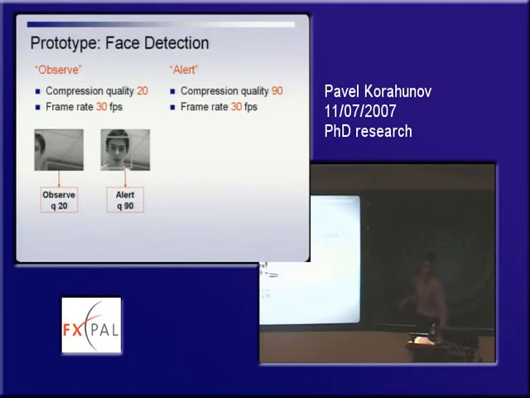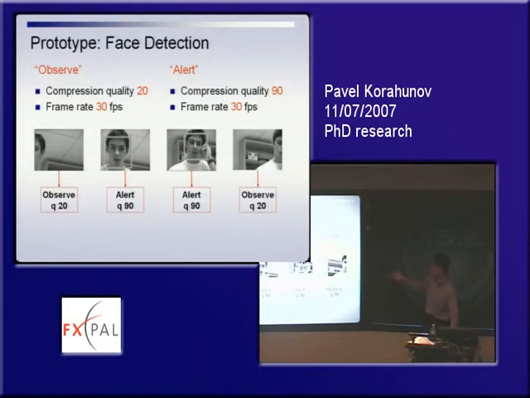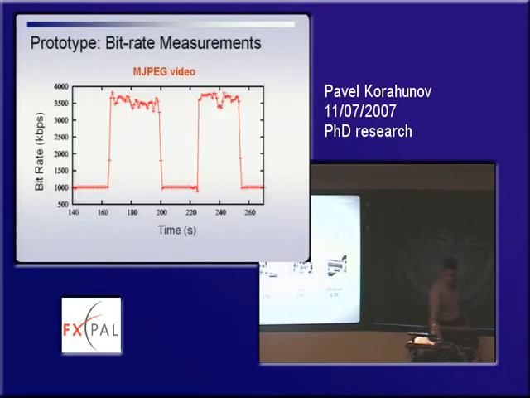And when a face comes, the compression quality changes to 90 because now a human wants to watch the video and it's streamed to the human station, right? While the face is inside the video, it keeps being quality 90, and then when the face moves out, the compression goes back to 20.